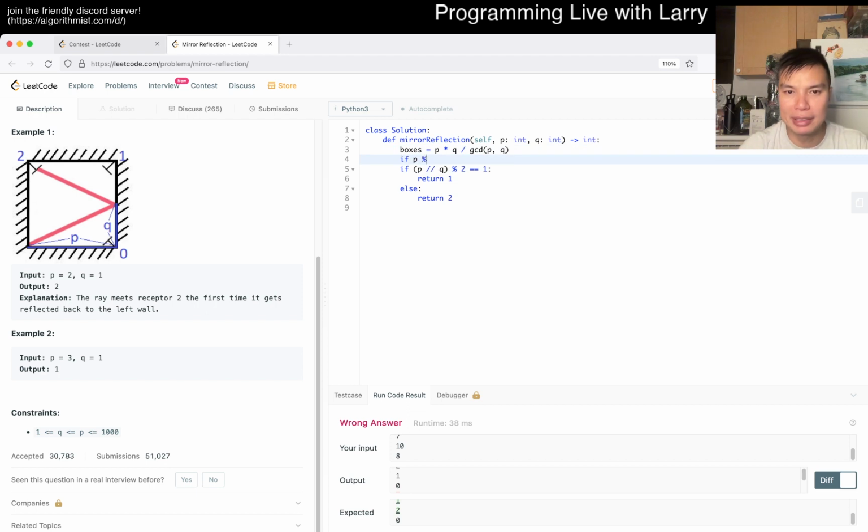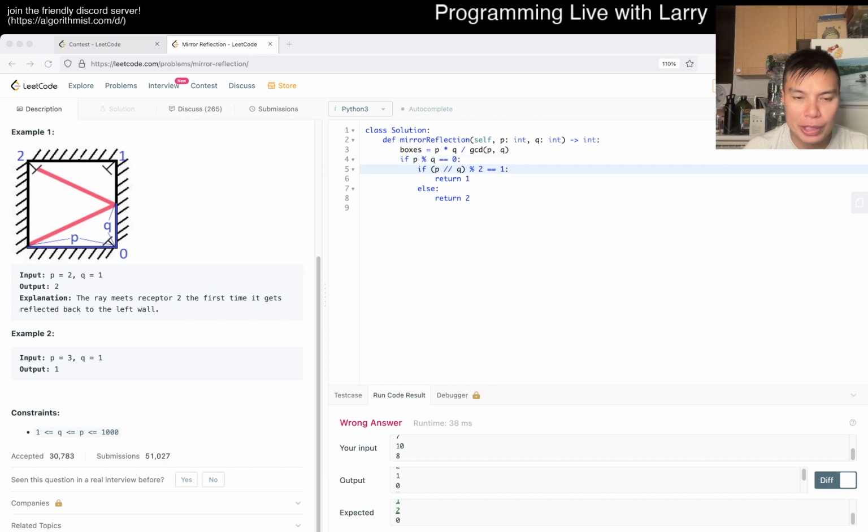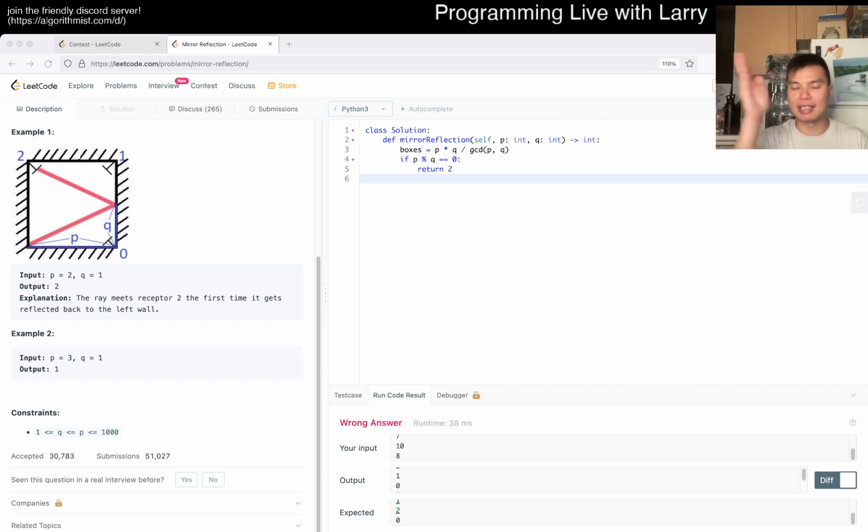If P mod Q is equal to 0, then we return 2, because that means by definition it bounces an even number of times.